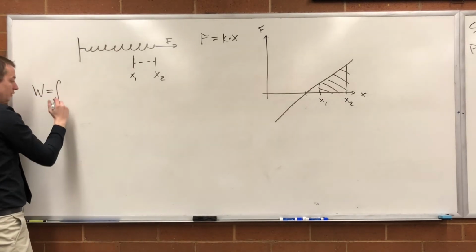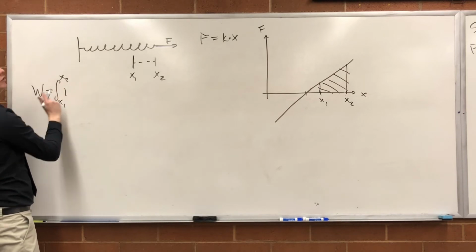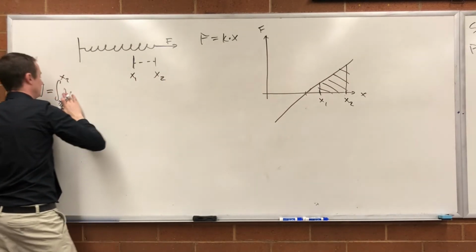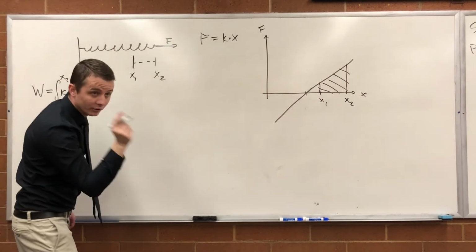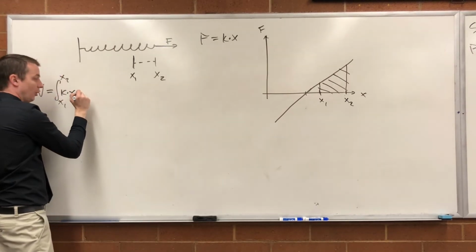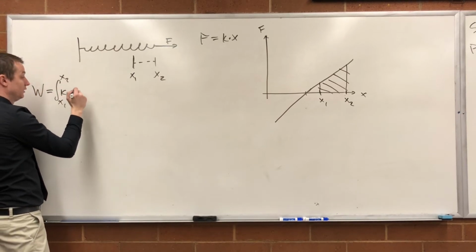So it's just going to be the integral from x1 to x2 of our force, which in the case of a spring is k times x, times our little displacements. What's an arbitrarily small displacement going to be? Delta x. dx.